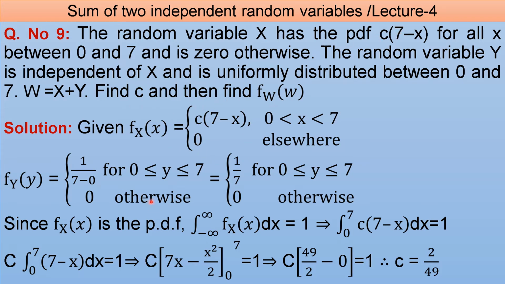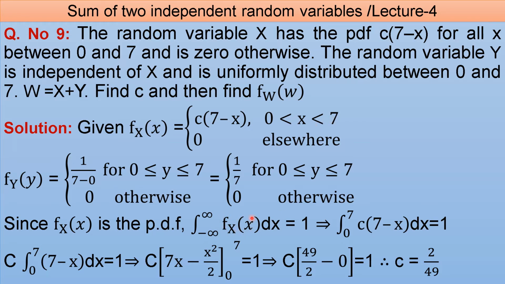Since fx of x is a probability density function, the integral from minus infinity to plus infinity of fx of x dx must be equal to 1. But fx of x is c into 7 minus x between 0 and 7, and it is 0 for all other x values.